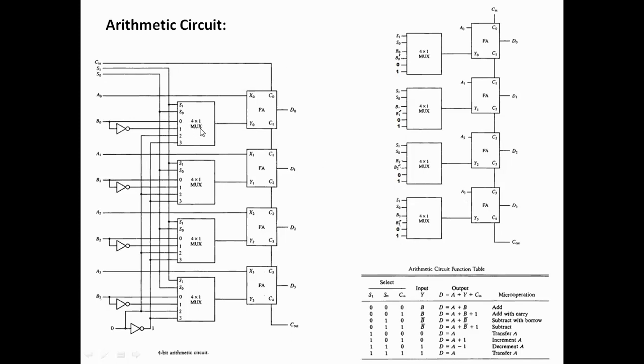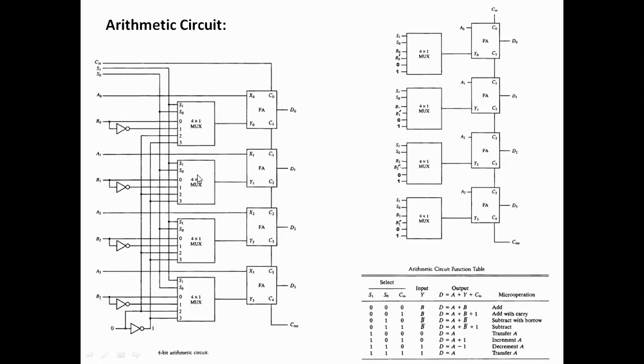So what is going on here? This is a 4-into-1 multiplexer, because we are making a 4-bit arithmetic circuit. So 4-into-1 means it has one output and it will have 4 inputs. The first input will be the first bit of the second number, B0. Second will be B0 dash. Third is 0 and fourth is 1. So you can see here this line, this is 0 and this is 0 inverted, which means 1.